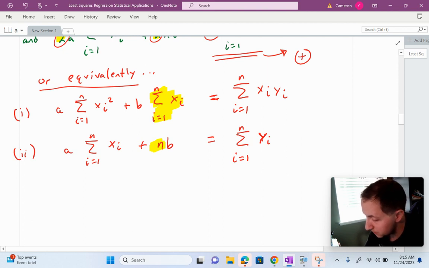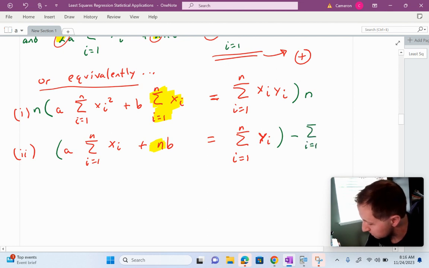I'm going to have to multiply the first equation either by n or negative n, and the second equation either by the sum of x sub i or the negative sum of x sub i. So I'm going to choose to make the first one positive n. So now I've got a coefficient of n times the sum of x sub i in front of those b's. But then I'm going to have to make sure I use a negative sum of x sub i for the second equation.